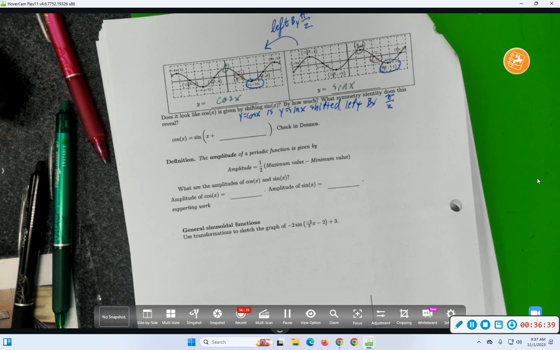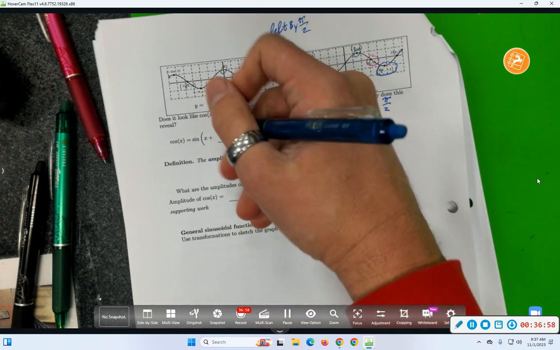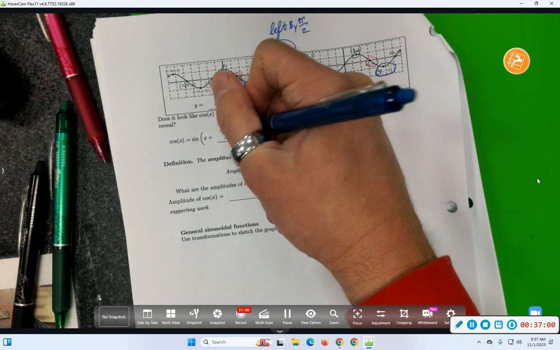How do you compute the function shifted left by pi over 2? You add pi over 2 specifically to the input. So that sure seems like the cosine of x should be the same as the sine of x plus pi over 2.